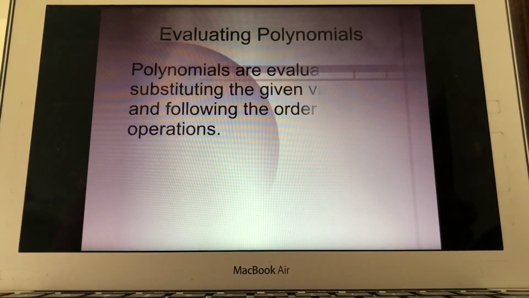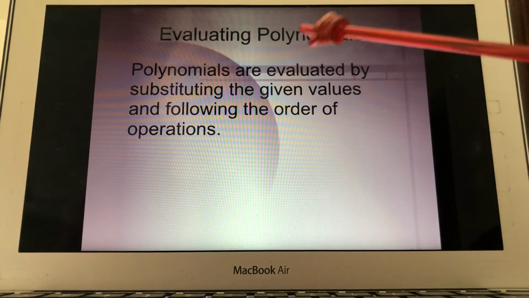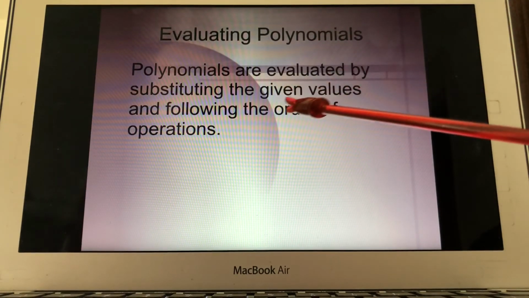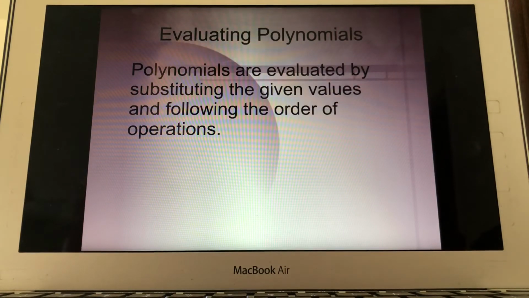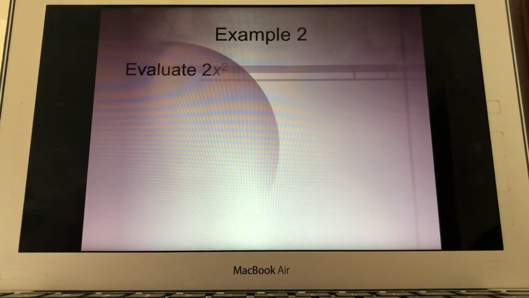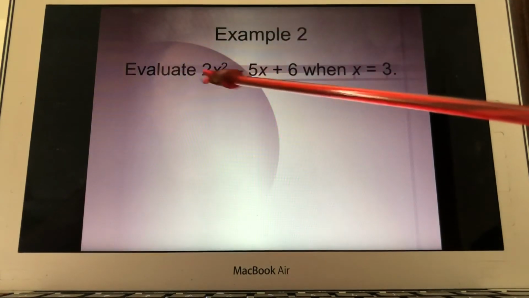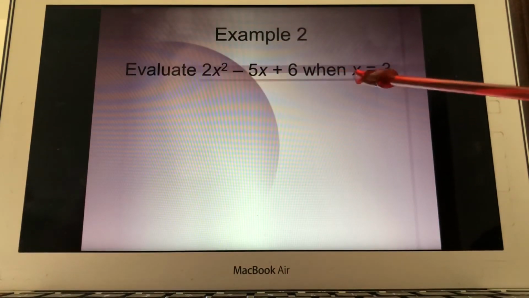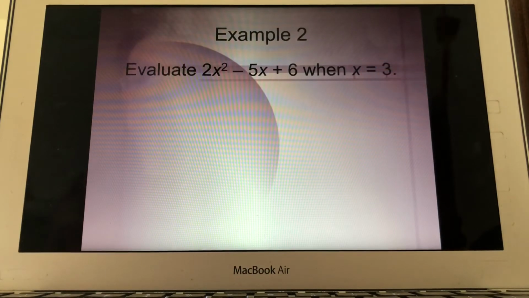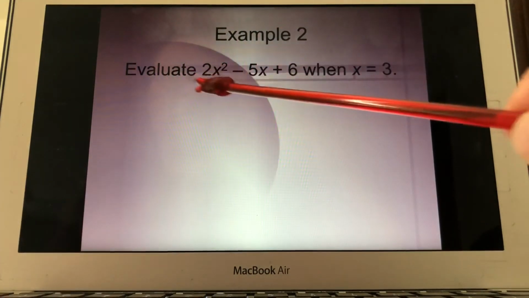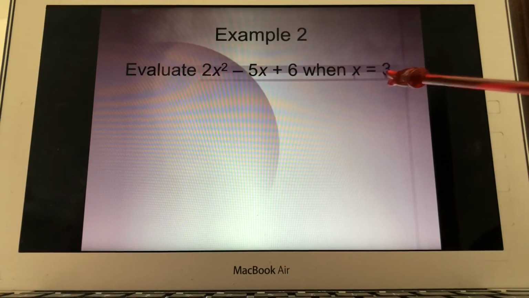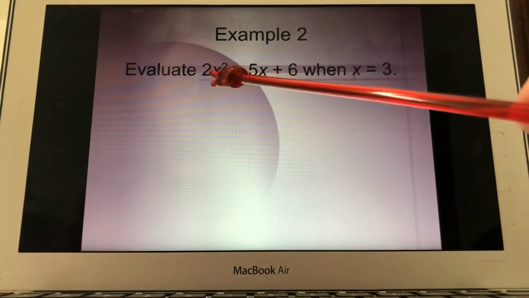Now, evaluating polynomials: polynomials are evaluated by substituting the given values and following the order of operations. So let's say that we have this polynomial and it says x is 3, so evaluate this polynomial. That means you're going to plug in 3 for the value of x.